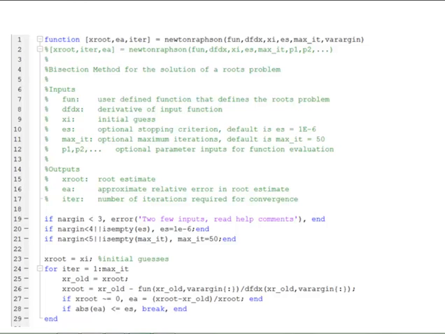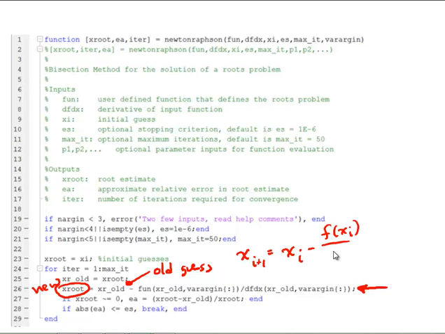All we have to do within that for loop for the iterations is recalculate that single equation where we are getting our new guess from our old guess, simply implementing that iteration scheme, x sub i plus 1 is equal to x sub i minus f of x sub i over f prime at x sub i.